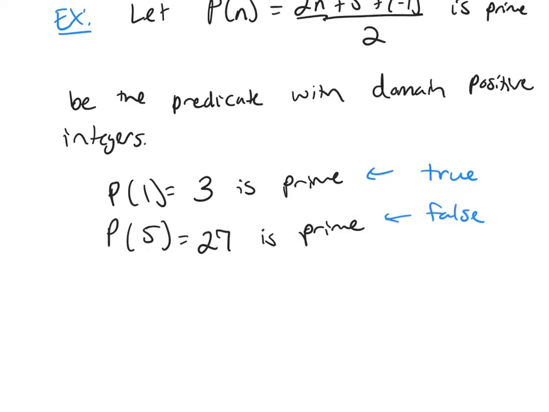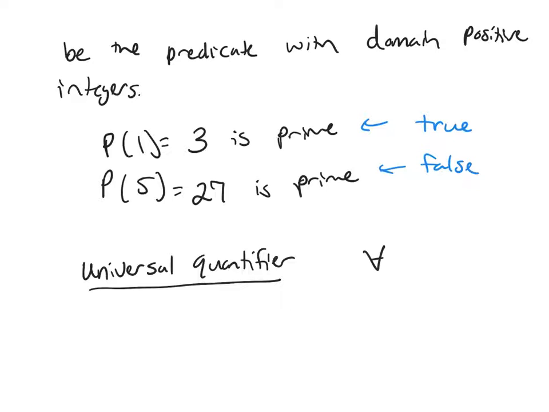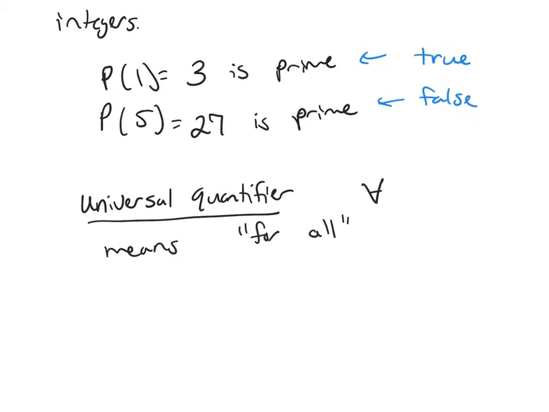Now, with these predicates, we had quantifiers. We had two of them. There was the universal quantifier. It was this upside down A symbol, and it means for all or every.